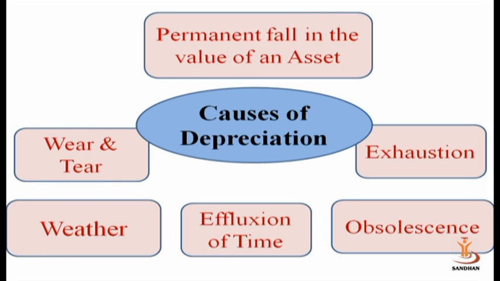Through depreciation, year by year the amount is kept aside in a depreciation fund, and that is utilized to replace the asset. So that is one of the reasons, as in the value of fixed assets there is a permanent fall.